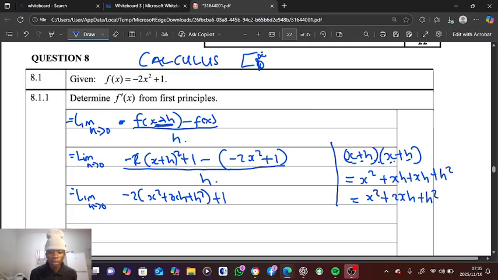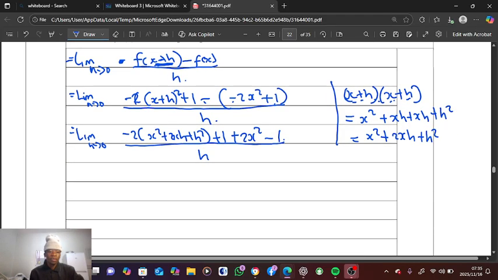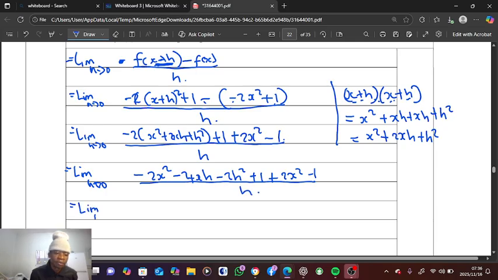Therefore we multiply this negative 2 with the bracket: negative times negative is positive 2x², and negative times positive is negative 1, all divided by h. We get -2x² - 4xh - 2h² + 1 + 2x² - 1 divided by h. Then -2x² and 2x² cancel out, and 1 and -1 cancel out. We are left with (-4xh - 2h²) divided by h.